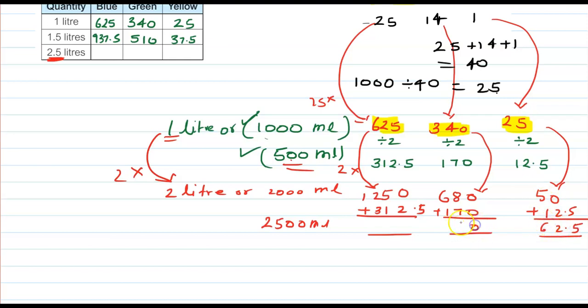So 62.5, and if you add, 850, and 1562.5. So it will be 1562.5, then this is 850, and this is 62.5.